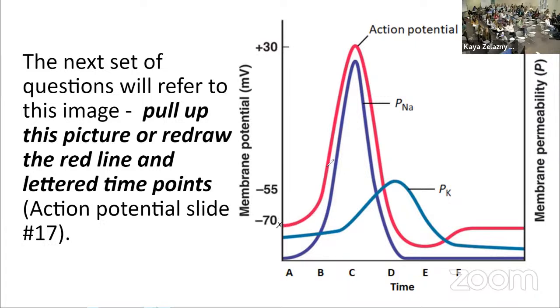That membrane potential change is our action potential. We're marking a couple of time points: time point A, B, C, D, E, and F. If you don't have that with you or can't find the slide, just go ahead and copy down that curve so that you know what I'm going to do.